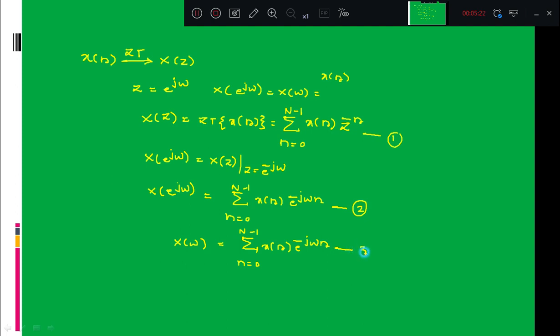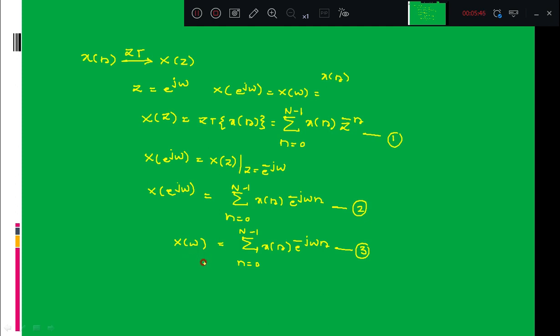I will consider this as equation number 3. We cannot call equation number 3 the discrete Fourier transform of sequence x of n because the frequency is still continuous. Then how to get the discrete frequency values for the sequence X of omega, right?